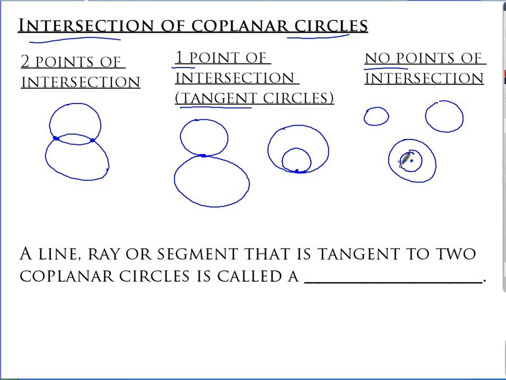Okay, if these 2 circles have the same center, these are what we call concentric circles. They share the same center point.